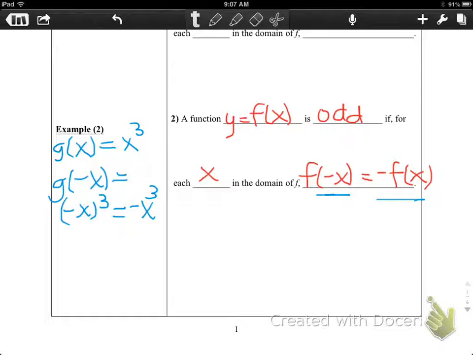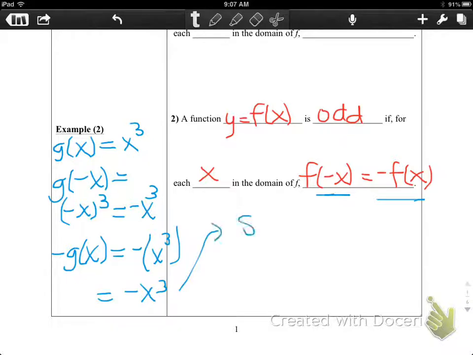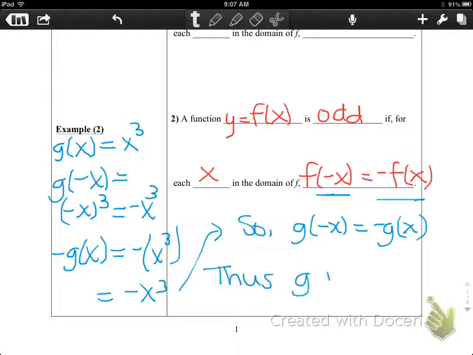Then if we evaluate negative g of x, this is negative times our function x cubed, which gives us negative x cubed. So g of negative x equals negative g of x, thus g is odd.